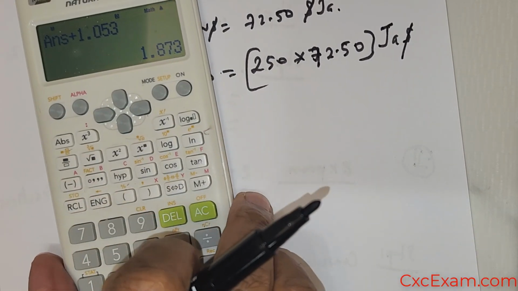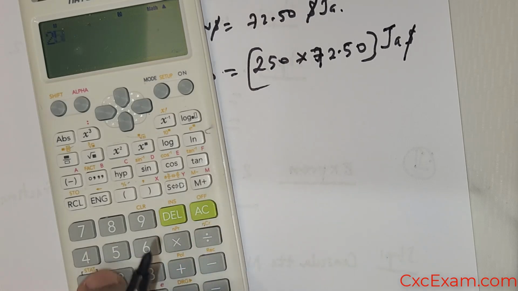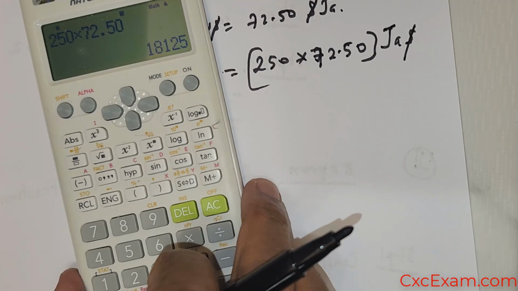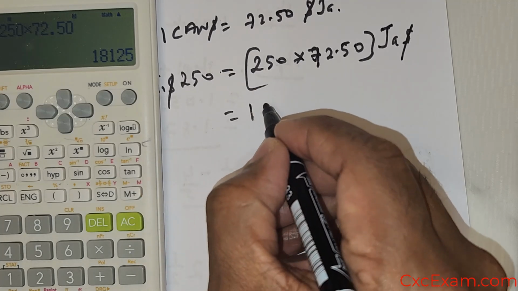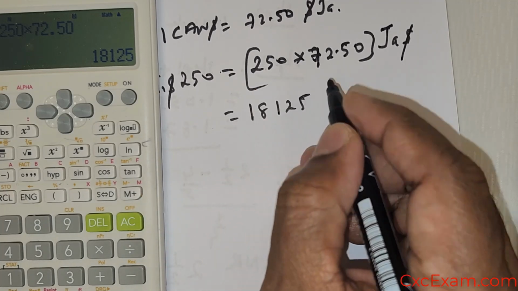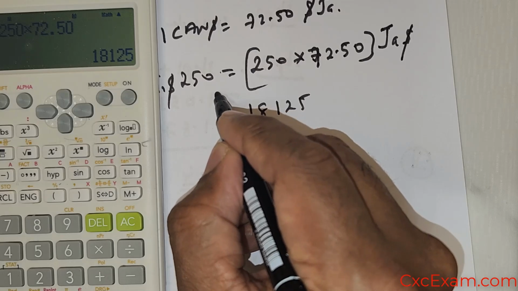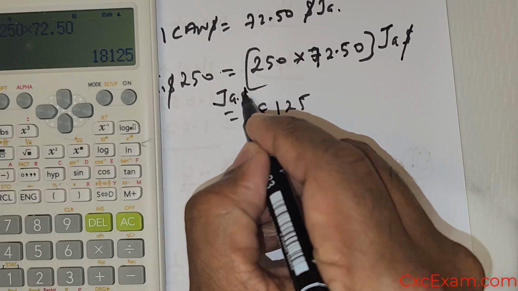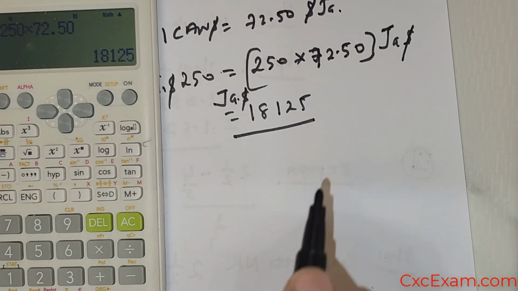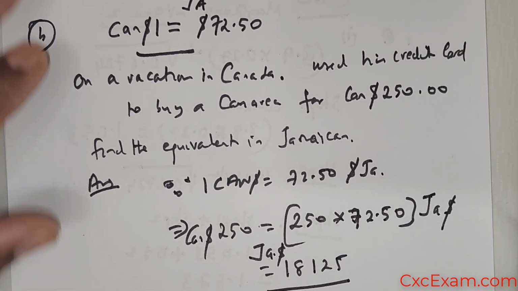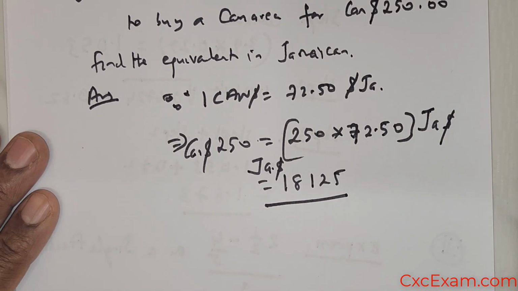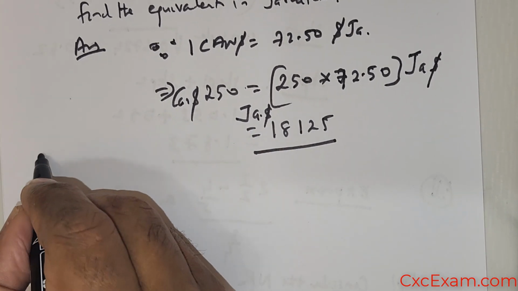You can use your calculator, since a calculator is allowed. So 250 multiplied with 72.50 gives you a value of 18125 Jamaican dollar. So this is the solution. I hope you are able to watch the solution. So let's move on to the next question.